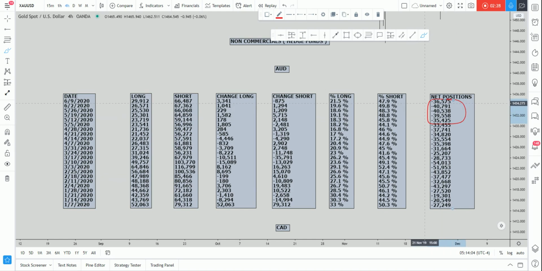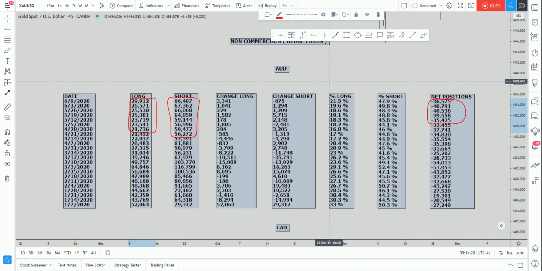We went from 40K to 36K, but not much change because they have been adding both longs and shorts, so re-entering the market. Short positions increased a little bit from 56 to 66. Long positions on the other side increased as well. So more or less, we don't have much change.